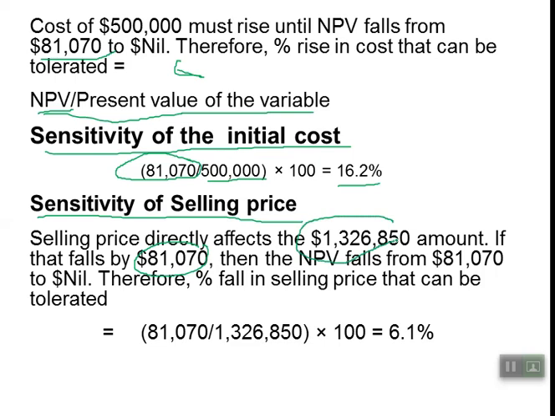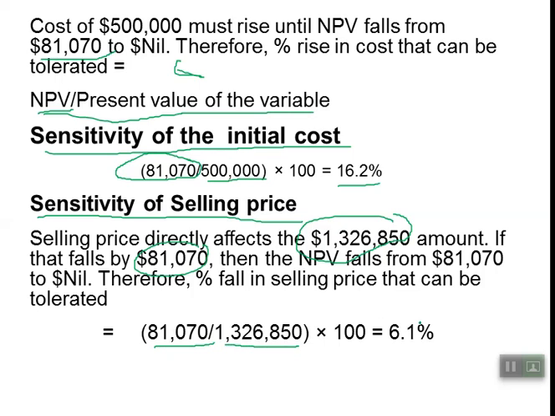Remember from the other table. So you get the sensitivity of the selling price, which is going to be the net present value, which you got from the previous table, then divided by the present value of the sales price.